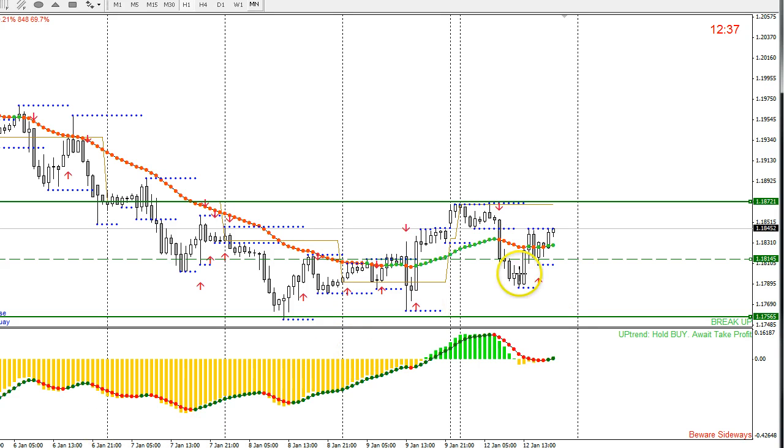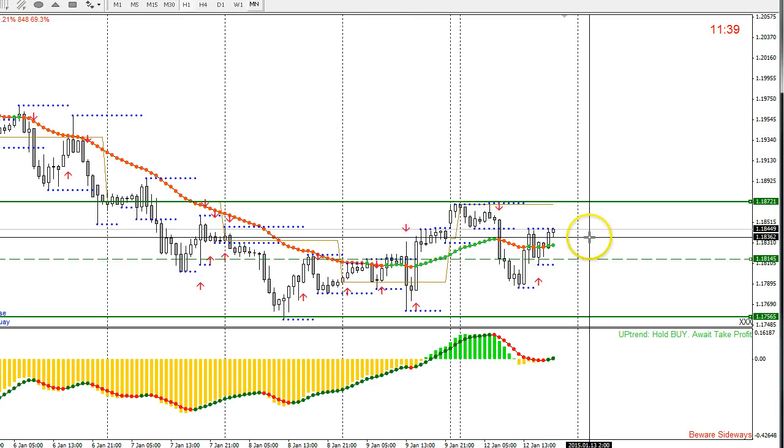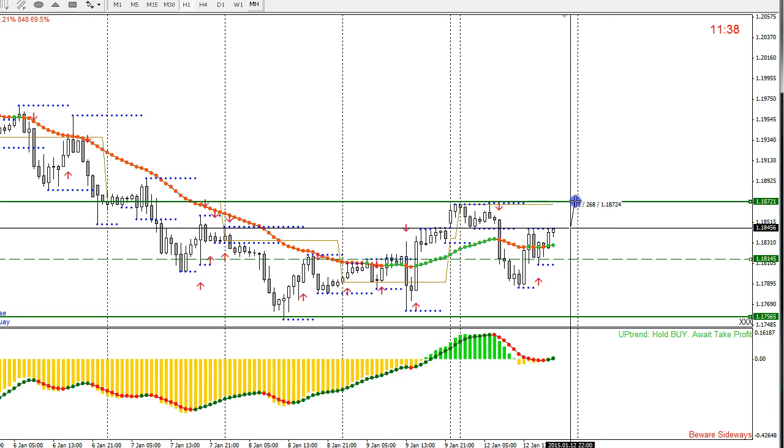Okay, first entry here, the potential we talked about is about 25 pip here. Your stop loss would have to be here. So based on that, you would have a potential of minimum 26 pip profit, but you would have a stop loss of 39 pip.